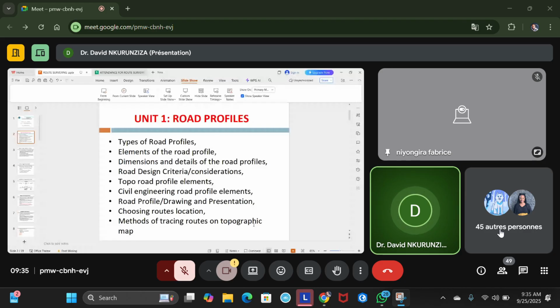The dimensions that I'm going to give you here, some will be based on what we call the American Association of State Highway and Transportation Officials, AASHTO. And then we shall also look at what the Rwanda Transport Development Agency in Rwanda establishes as some dimensions, because you cannot make road profile dimensions if you are not referring to any standard.